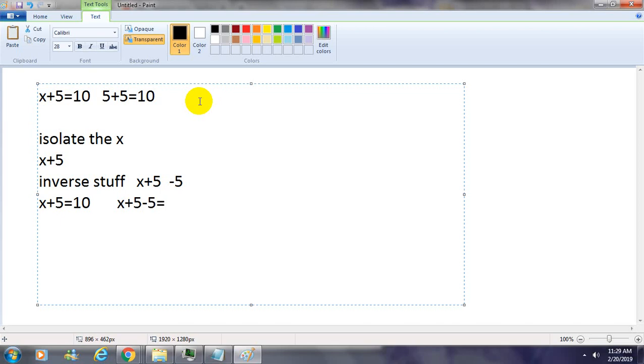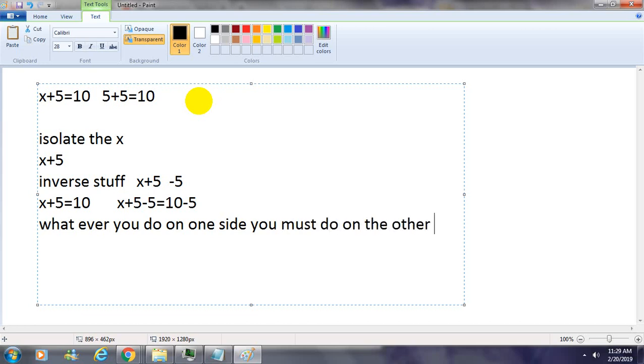But whatever you do on one side, you have to do on the other. Okay? So important. I wish I could do color, but I don't want to waste the time. Whatever you do on one side, you must do on the other. Okay, so let's get back to this thing.